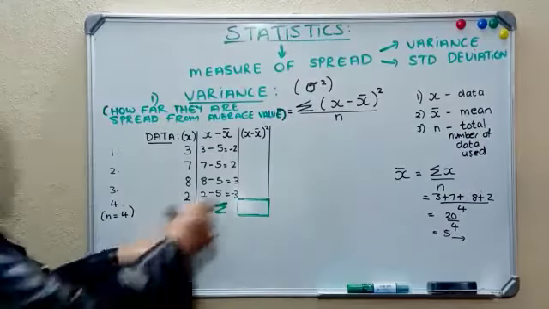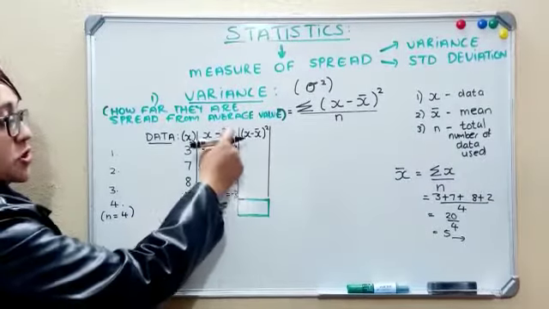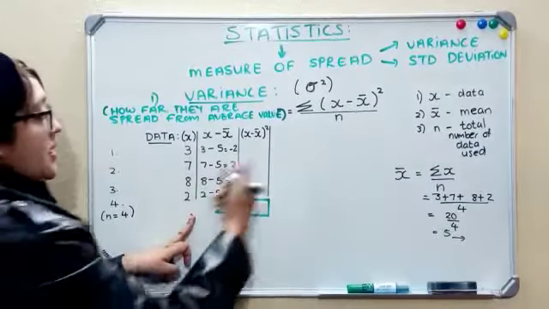Then in the next column, I'm going to square the numbers because we don't like negative numbers.